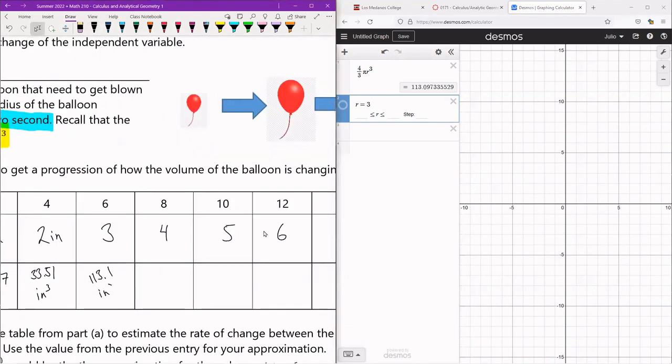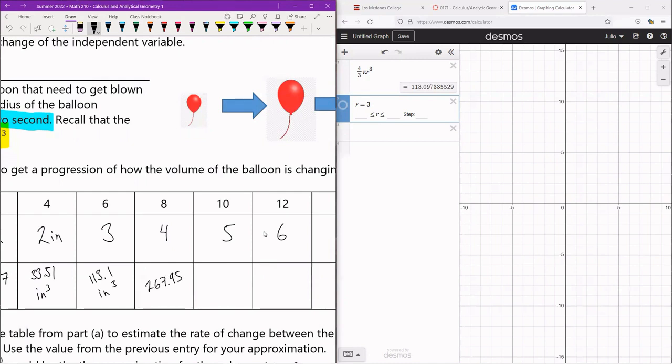113.1 inches cubed. Okay. So if we see what's going on here, if we keep doing this over and over again, we're going to get the following values. So the next one should be 267.95.